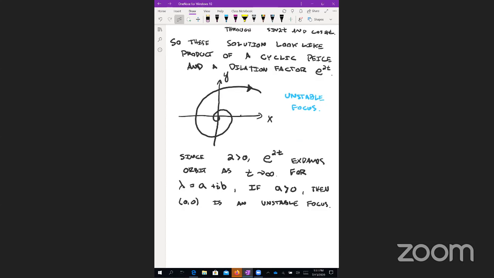Okay, so what's going to happen if a is less than 0?